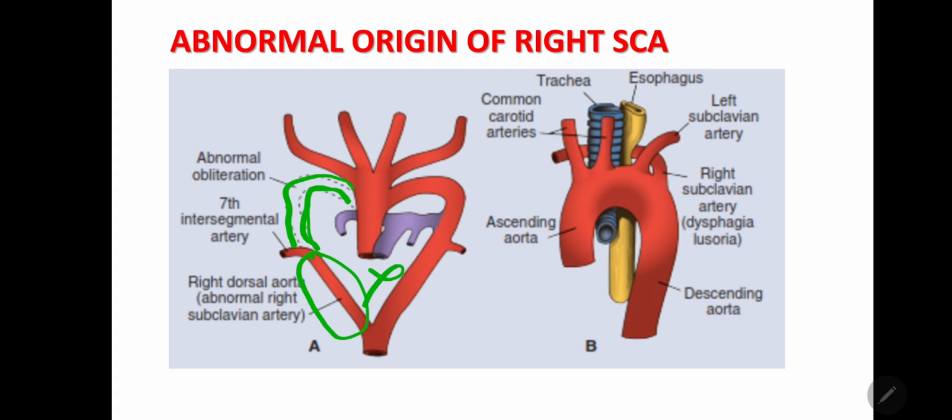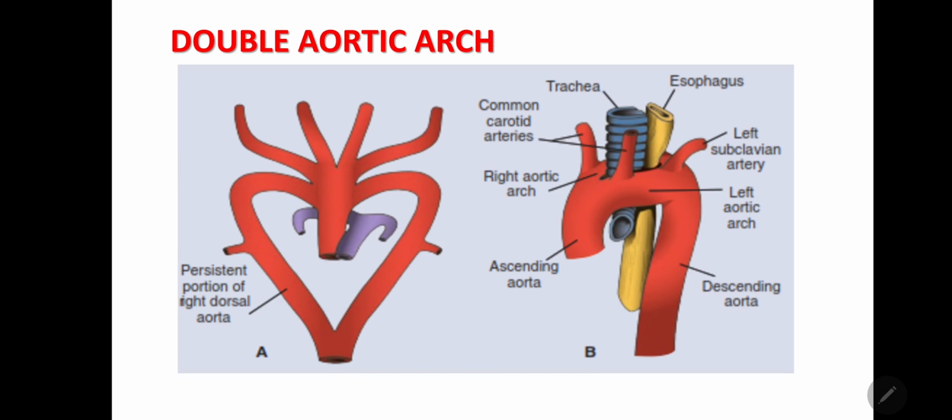But here there is a disappearance of the proximal portion of the right subclavian artery. So in this case, the right subclavian artery comes from the fusion of both right and left dorsal aorta. Then it has an invariably long and curvy course behind the esophagus, compressing the esophagus sometimes.